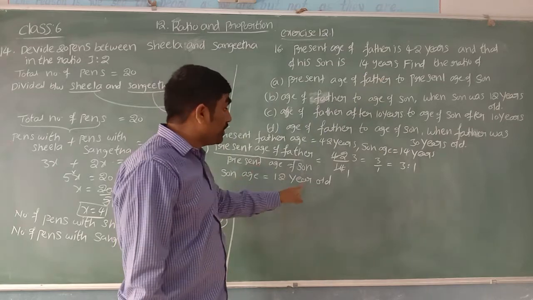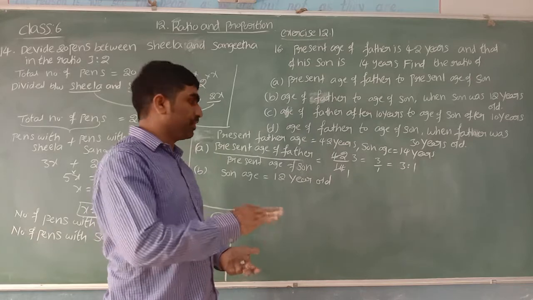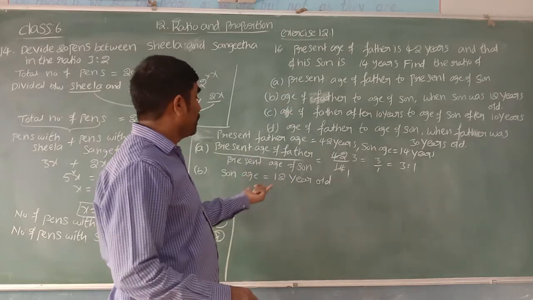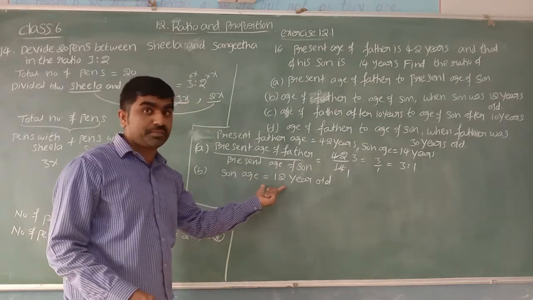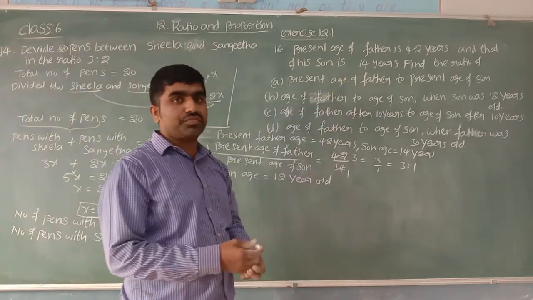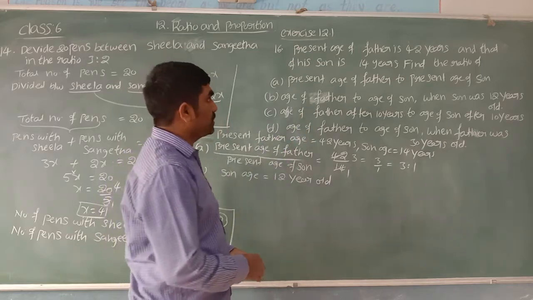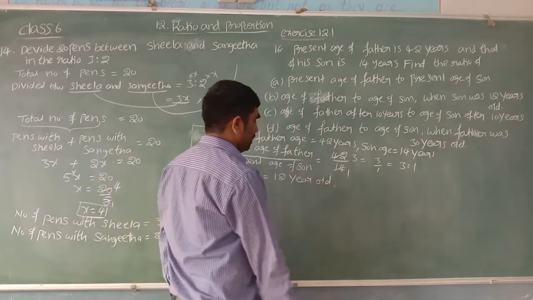So son age 12 years old means what? 2 years before. Then what is father age 2 years before? Present father age is 42 years. 2 years before the father age is 42 minus 2, which gives us 40 years.